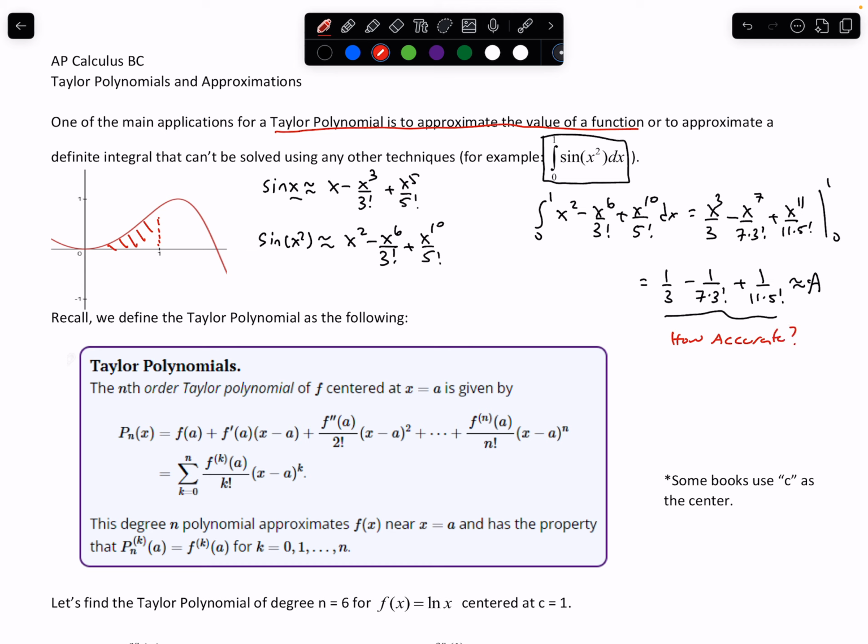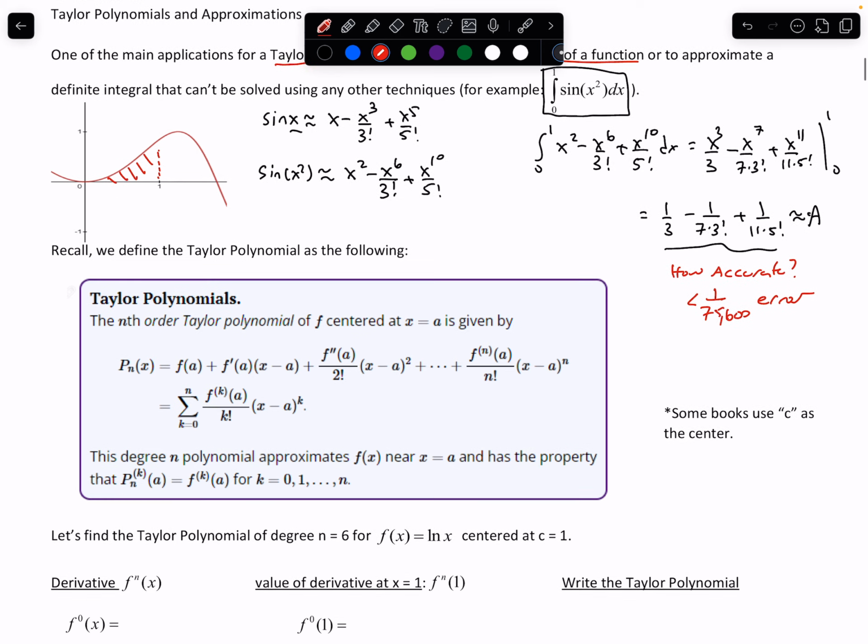We're going to discuss the accuracy of our approximation. In this case, this is going to be less than 1 over 75,600th off from the actual answer. That's the error in this. We don't have time in this video to take a look at that, but we will be seeing that later on.